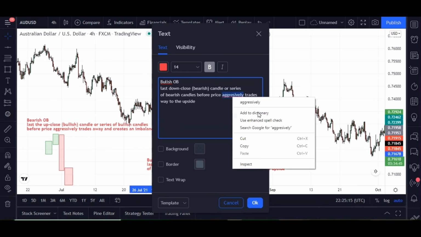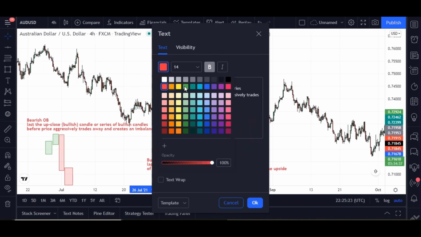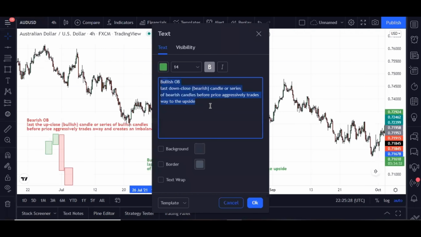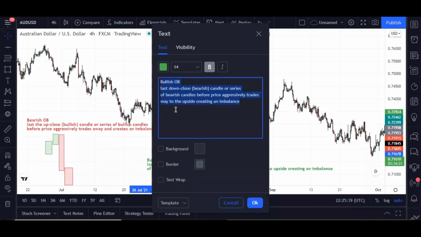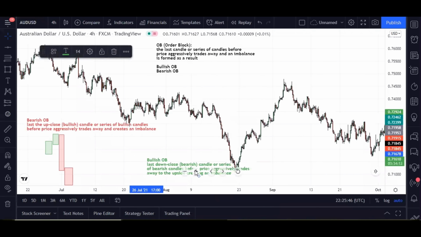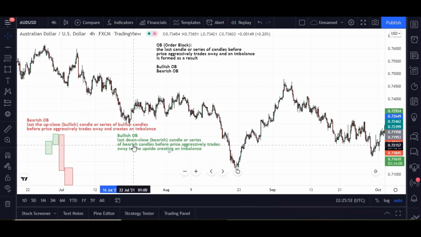The bullish order block is the last down close candle or series of down close candles before price aggressively trades to the upside, creating an imbalance. So that's a bullish order block.